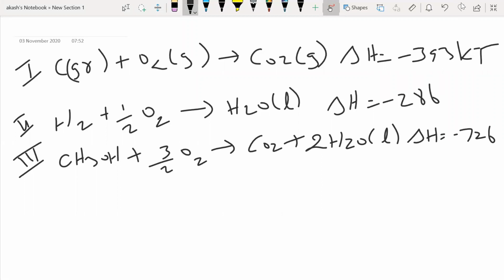Okay, now they have given all this data and they're asking you to find delta Hf of CH3OH. So they're asking what is the enthalpy of formation of CH3OH. Okay, cool. Now this is a new kind of problem, right?